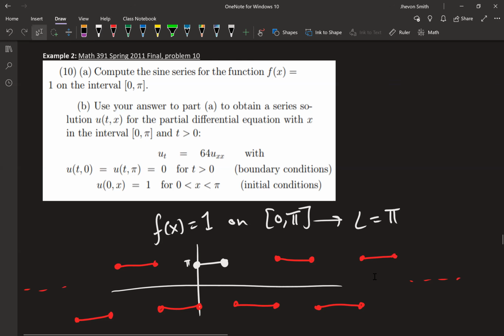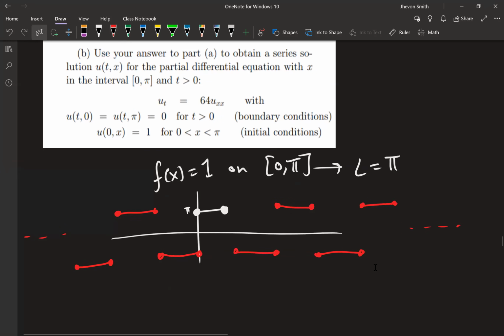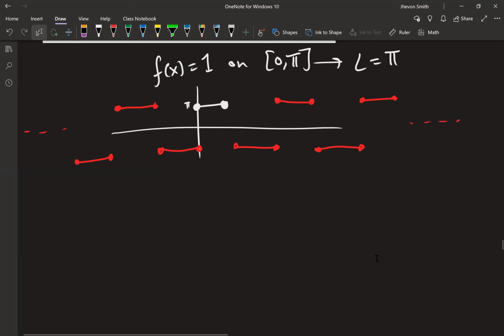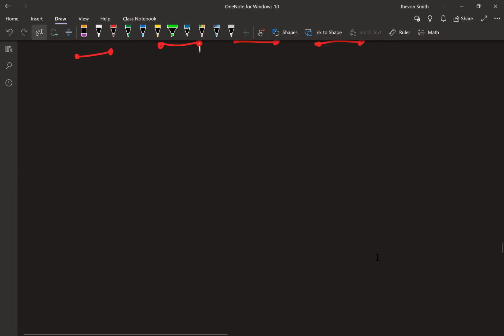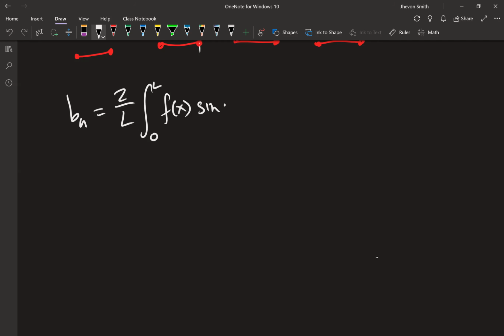Well, how did we do it? Well, we have to find the Fourier sine series coefficients. So we need to find the bn's. The bn is going to be given by 2 over L, integral from 0 to L, of f of x times sine of n pi x over L. L is pi, so this is going to be 2 over pi, integral from 0 to pi, of 1 times sine of nx, right?